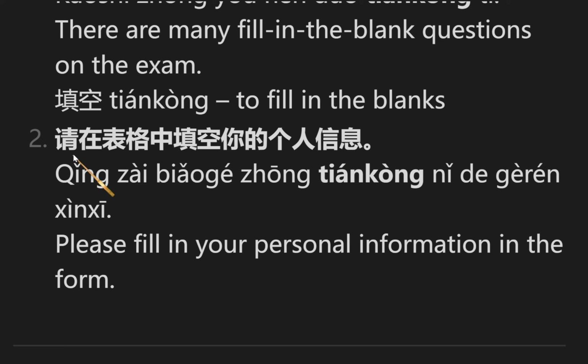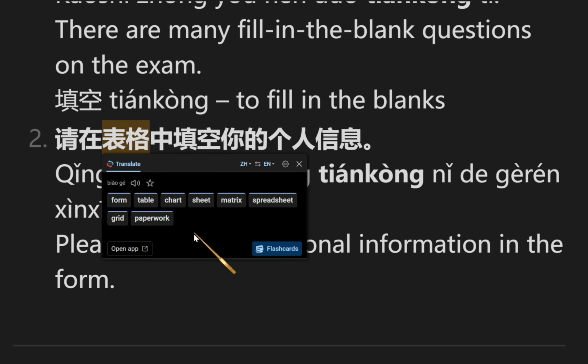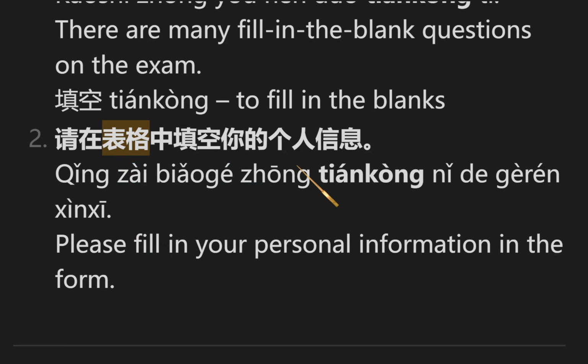So, 请在表格 in Chinese we say it in a different direction. So in the form, so please 请在表格中 in the form, 这个表格 form, table, chart, sheet, spreadsheet, grid, paperwork. I think form is also okay. 请在表格中填空 here's to fill blanks, right?